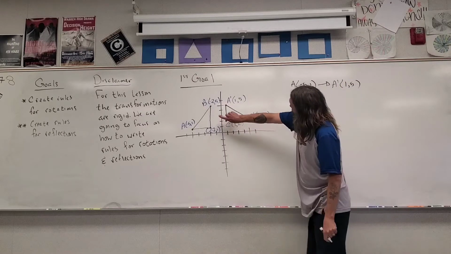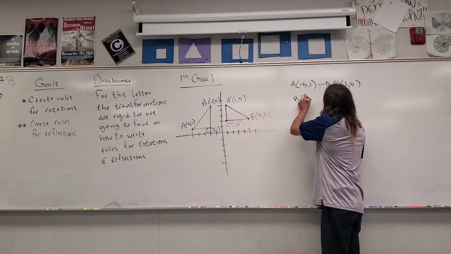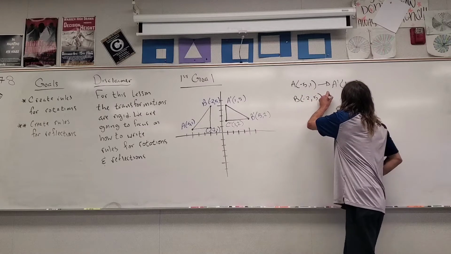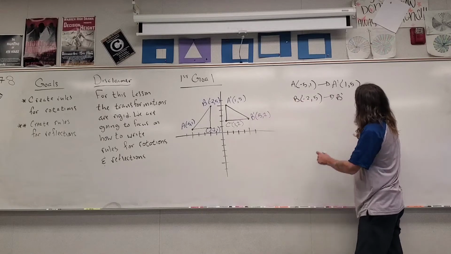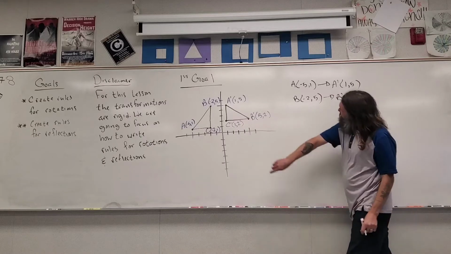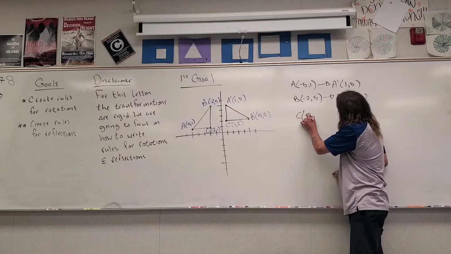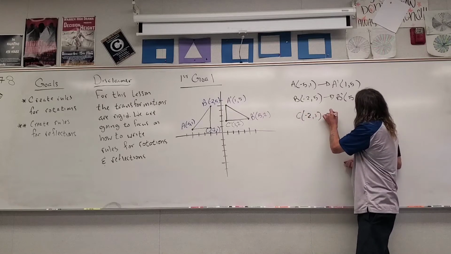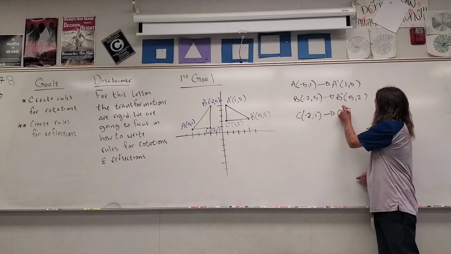I know that B at -2, 5 maps to B prime at 5, 2. And I know that C at -2, 1 maps to C prime at 1, 2.